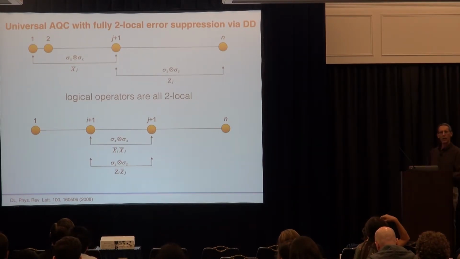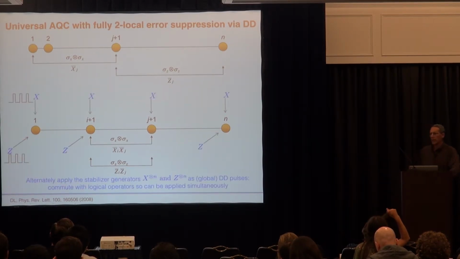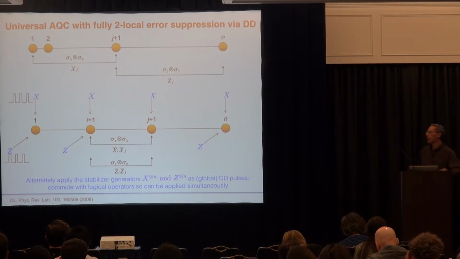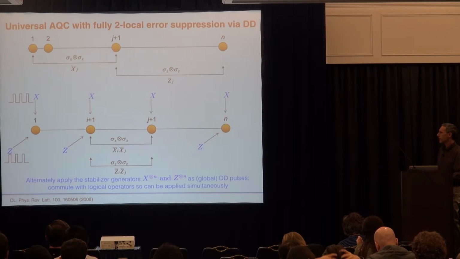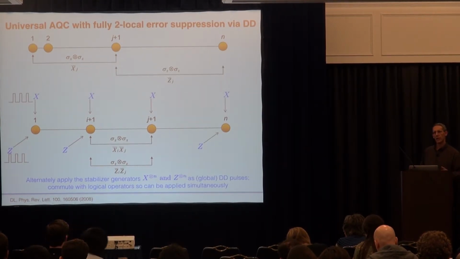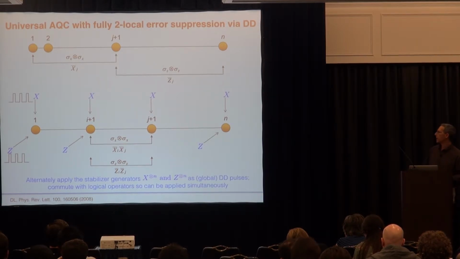So all the logical operators are two-local. The dynamical decoupling pulses, as I mentioned, are just global X or Z pulses. These are the two stabilizers of this code. And we can apply these simultaneously with the logical operators because they commute with the logical operators. So this allows us to do fully two-local error suppression, not using a Hamiltonian gap, but rather using dynamical decoupling.